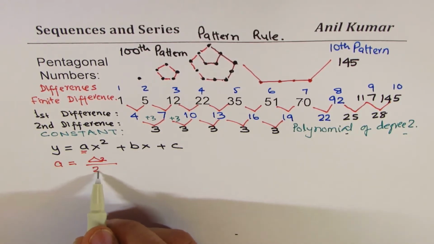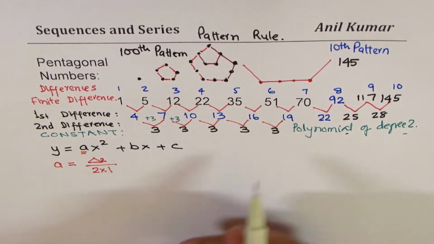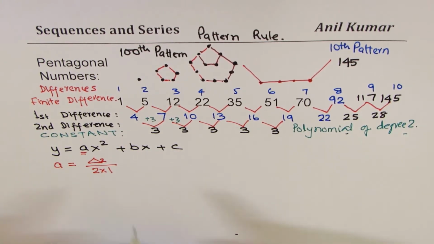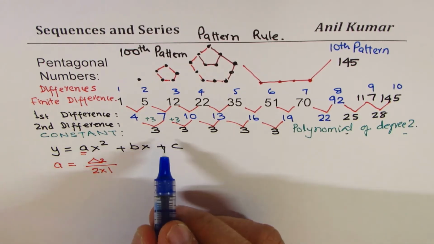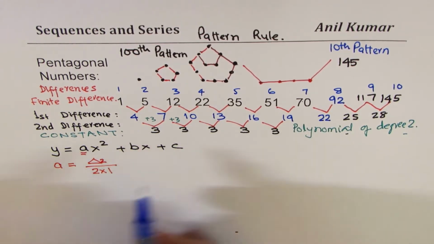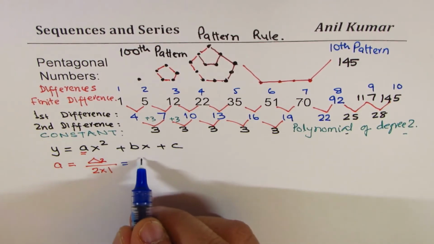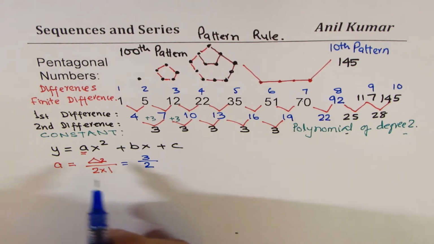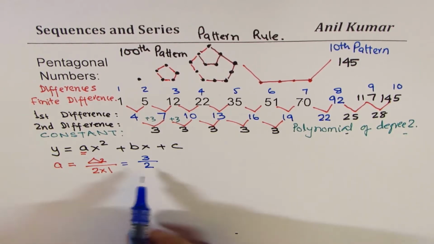If the third is constant, then we divide by 3 times 2 times 1, right? So in this particular case, since the second finite difference is 3, which is constant, we divide 3 by 2 times 1, which is 2. So that gives you the value of a. So we know a now.